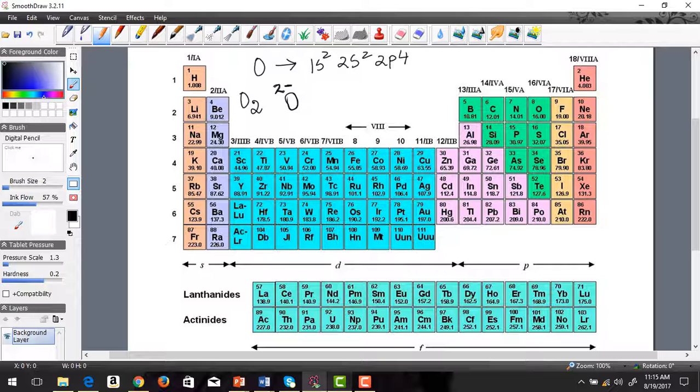If oxygen has to gain 2 electrons, then you write the 2 and the minus, which means the minus indicates gain.